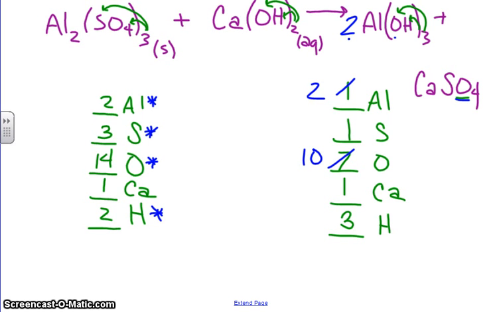And hydrogens, did they change? Yeah. We have 3 times 2, so we have 6. But we can change the other side too. So now our hydrogens went up.